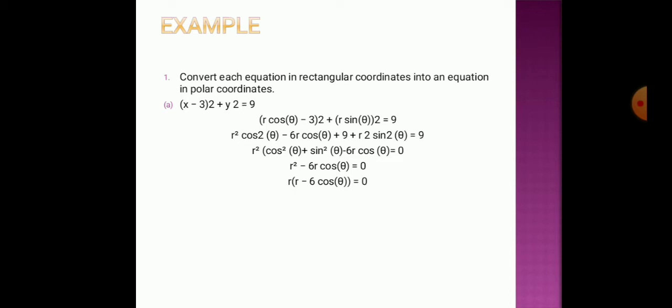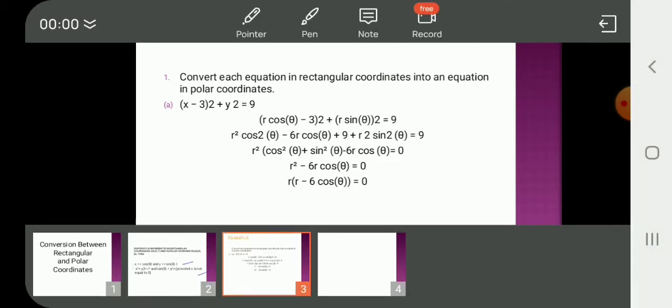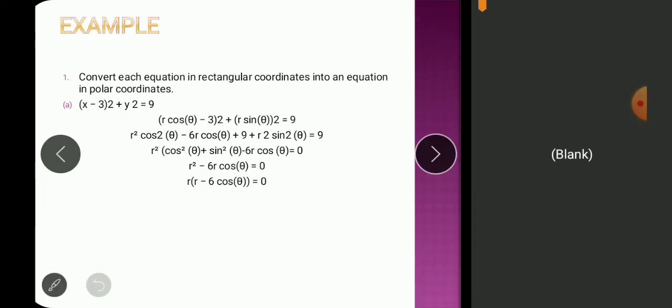So we start by substituting x with r cosine theta minus 3 squared plus r sine theta squared is equal to 9, and simplify with no real direction in which to proceed.